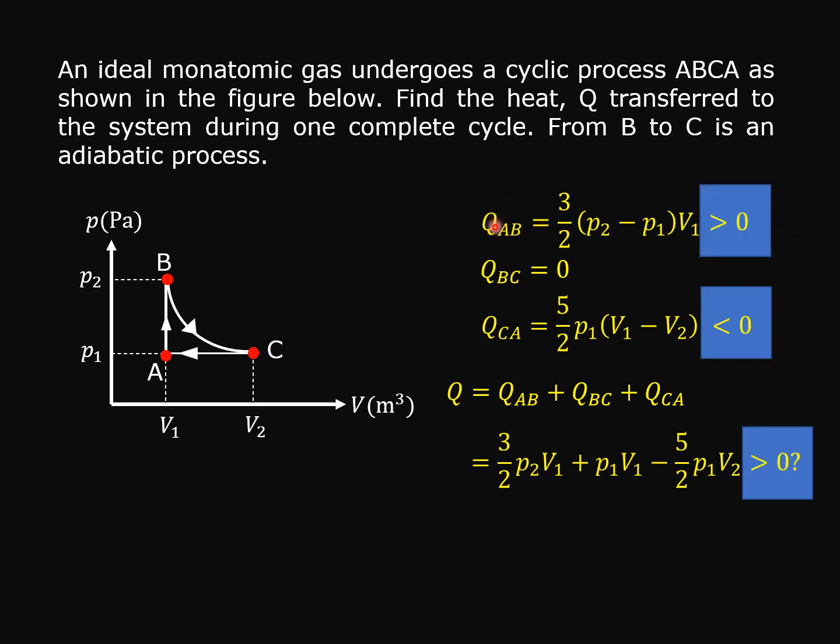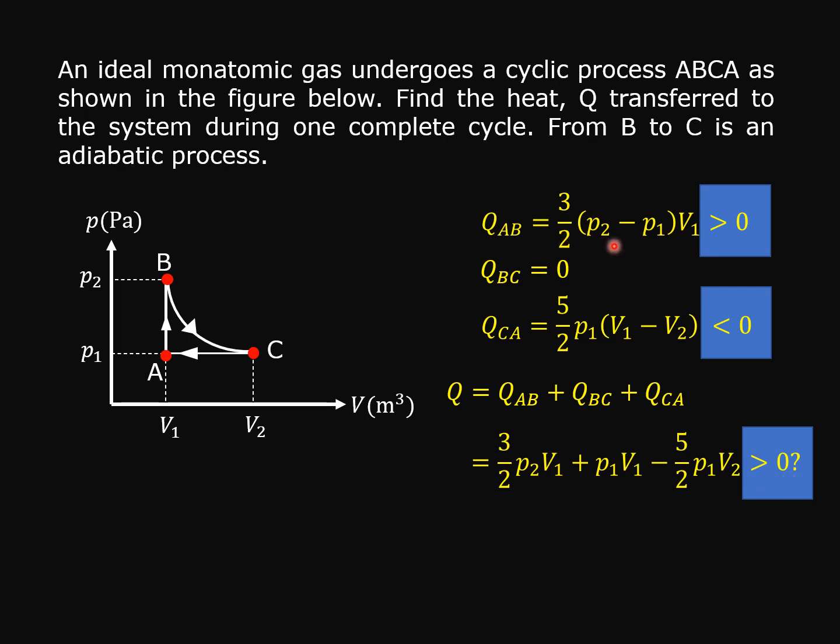Since this QAB is a positive value, while the QCA is a negative value, after we sum up these three Q to get the total Q for one complete cycle, we would like to know whether this Q will take the positive or negative value.